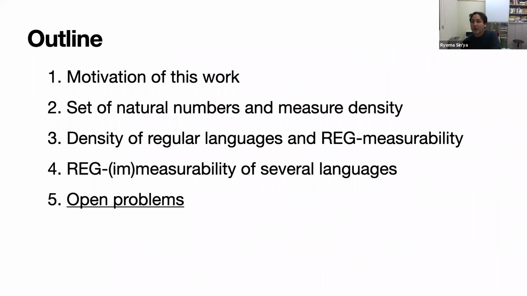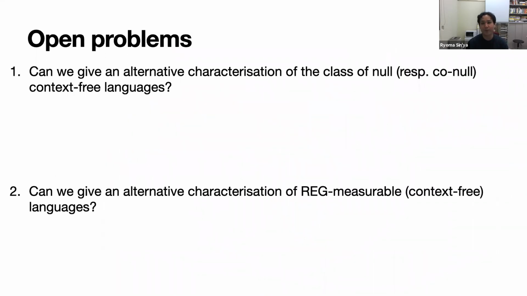So now I want to conclude my talk with a few open problems. The first one is a rather fundamental one. I'm interested in whether we can give an alternative characterization of the class of null context-free languages and co-null context-free languages, respectively.